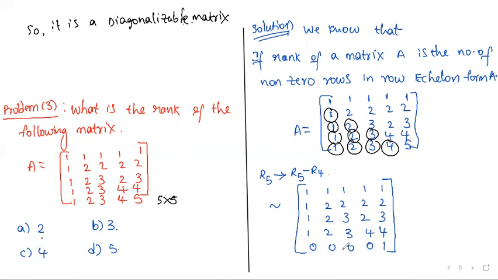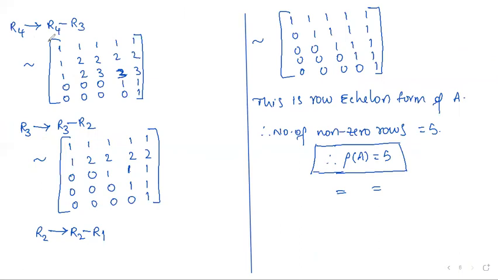First we change r5 to r5 minus r4, and r4 to r4 minus r3, so we get this matrix. Then r3 to r3 minus r2, and r2 to r2 minus r1, so we get this one. So this is in row echelon form.